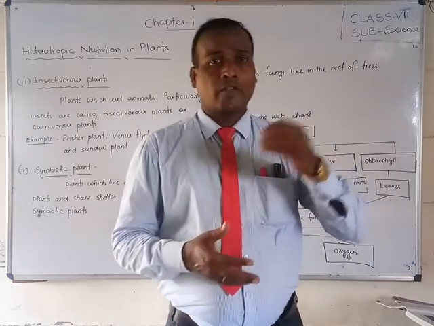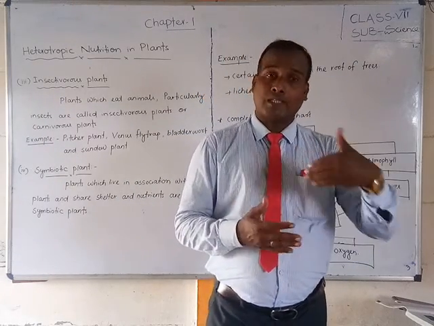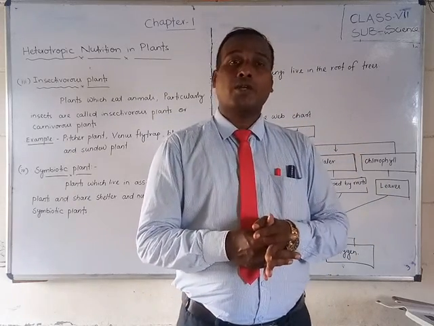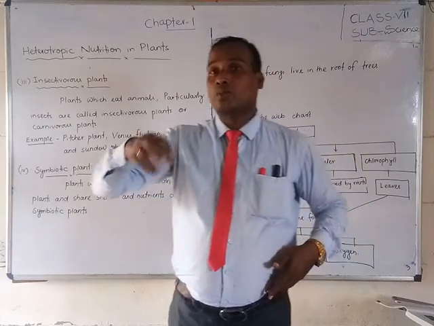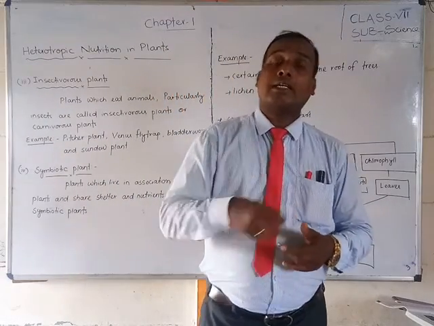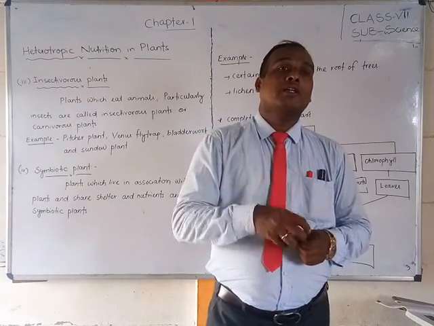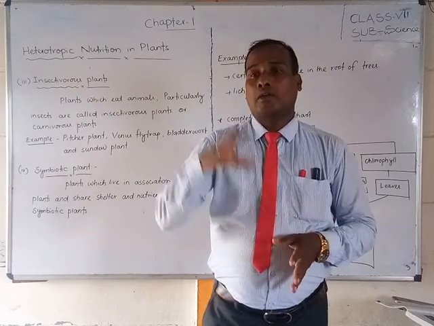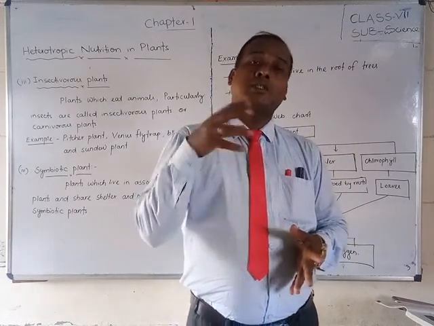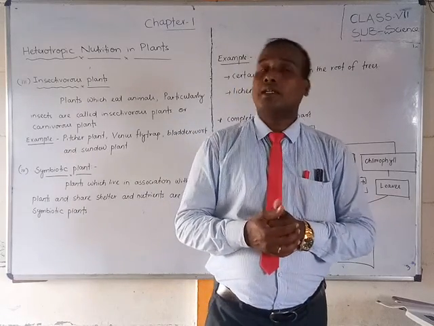So even in those areas where there is a lack of nitrogen, they are not getting nitrogen from the soil. That's why these plants trap insects as their food, and they get nutrients like nitrogen from the insects.